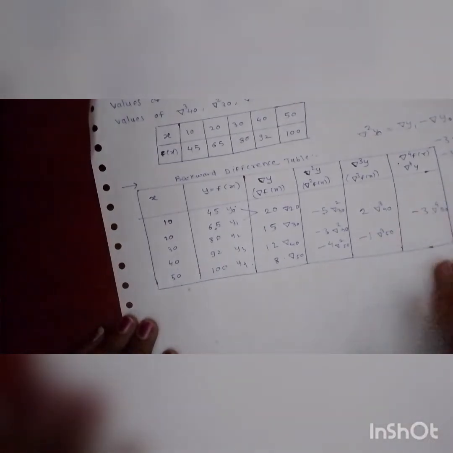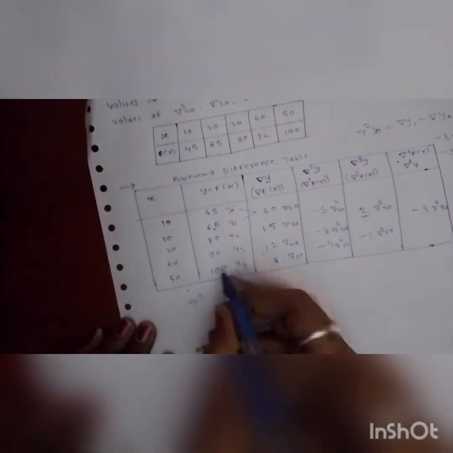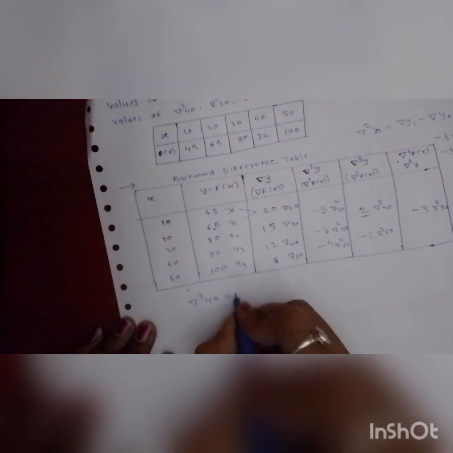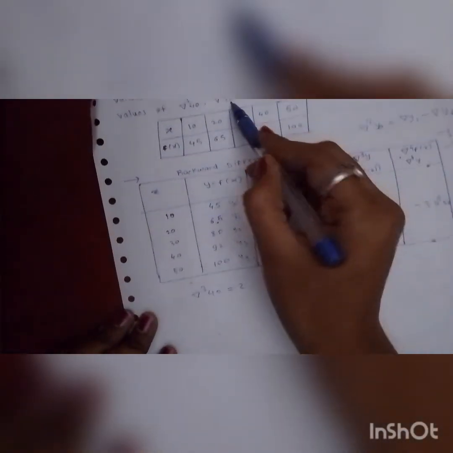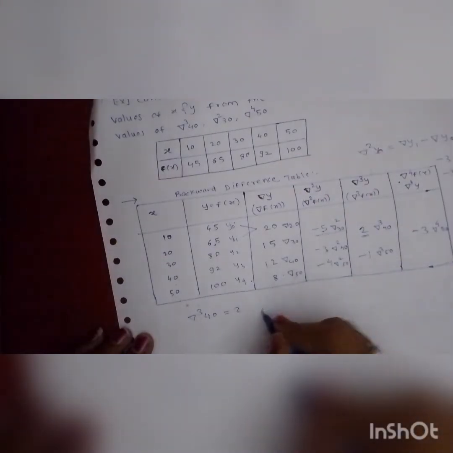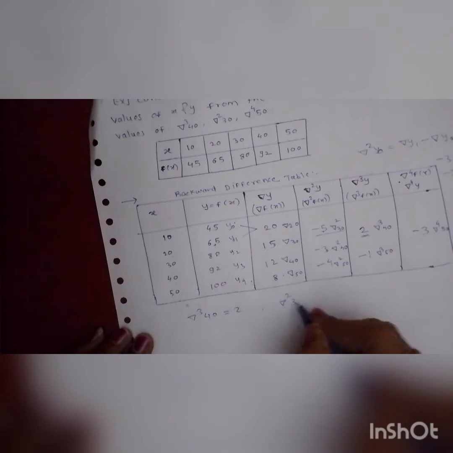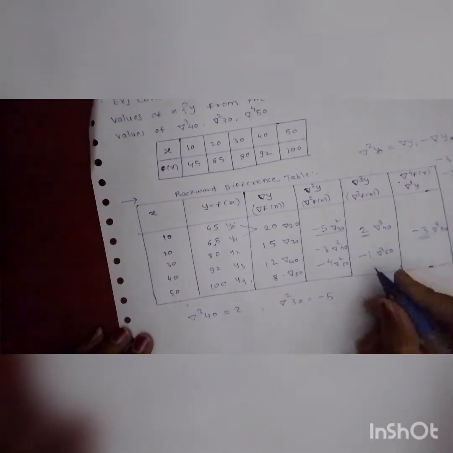From these values we can calculate: del cube 40 is 2. Now second, del square 30 is minus 5. And last, del raised to 4 50 is minus 3.